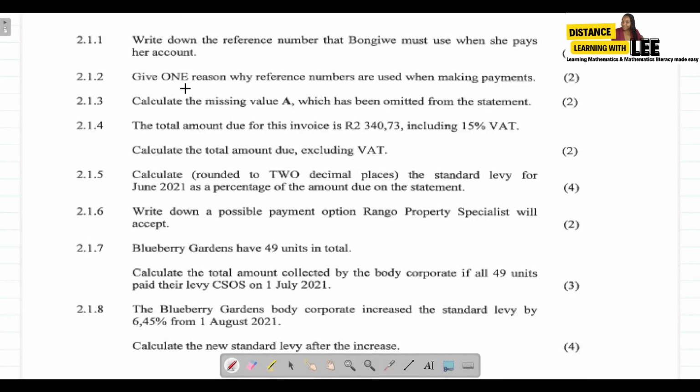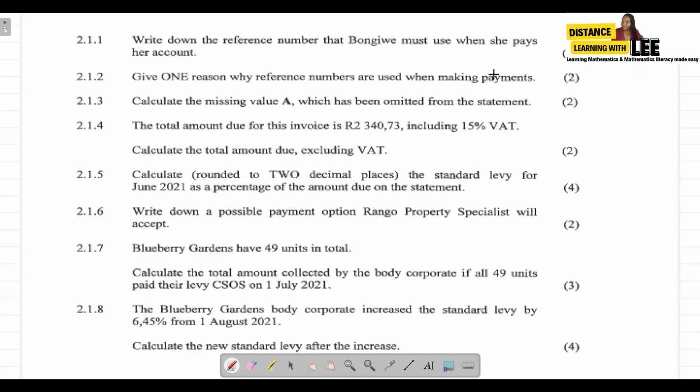Give one reason why reference numbers are used when making payments. Why do people use reference numbers when they're making payments? Guys, let's think about this for a second. When you are making a payment, let's say you are a student at WITS, and you've made a payment towards your account, and there's no reference number that has been assigned to you or that you use when making your payment.